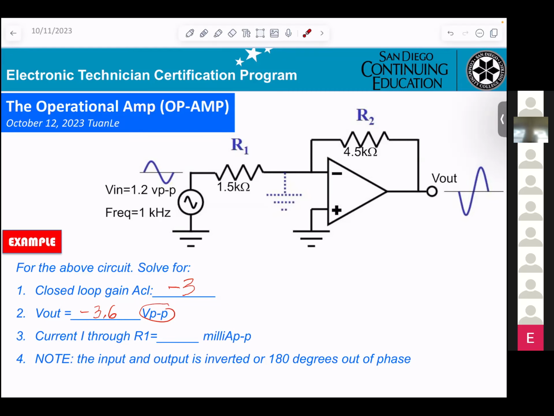Perfect. 0.8. Cool. Okay? So they're telling you, not here, input, output is inverted, or 180 degrees out of phase.